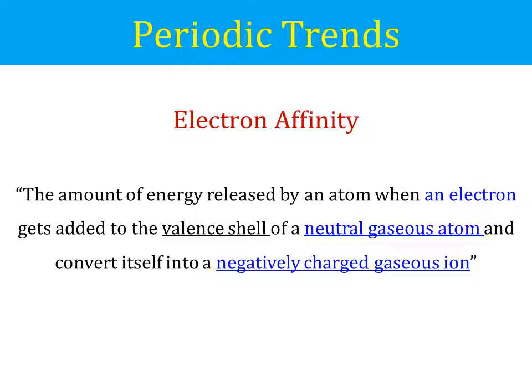In simple words, an electron is getting added into the valence shell of a neutral gaseous atom. We all know that all atoms are neutral, but the condition mentioned is a neutral gaseous atom converting itself into a negatively charged gaseous ion.